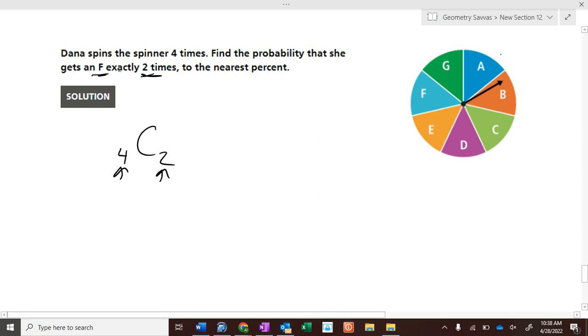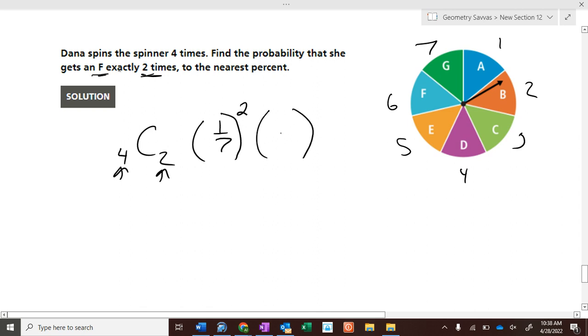Now, how many letters are there on there? 7 letters. So how many F's are on there? 1. So she's got a 1 out of 7 chance of being successful. And she wants to have that happen twice. So you take it to the second power. So then she has a 6 out of 7 chance of not being successful, and you take that to the second power because there's 2 times that she won't be successful.